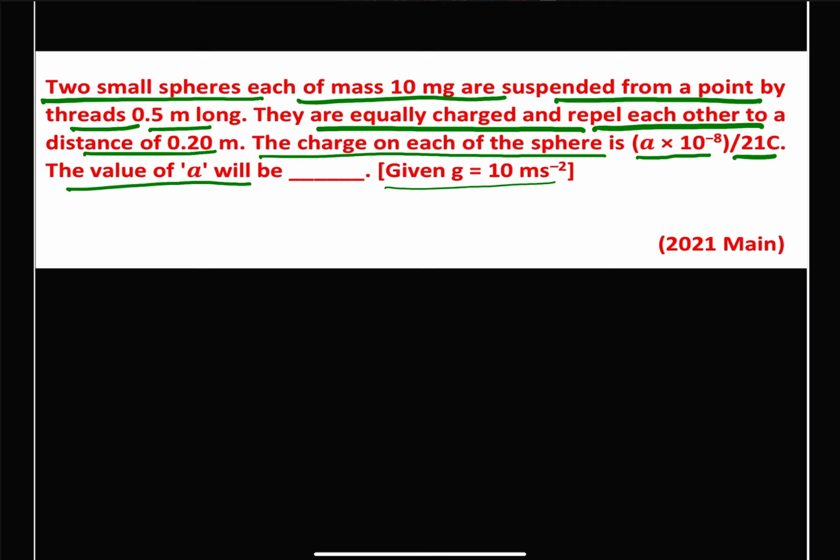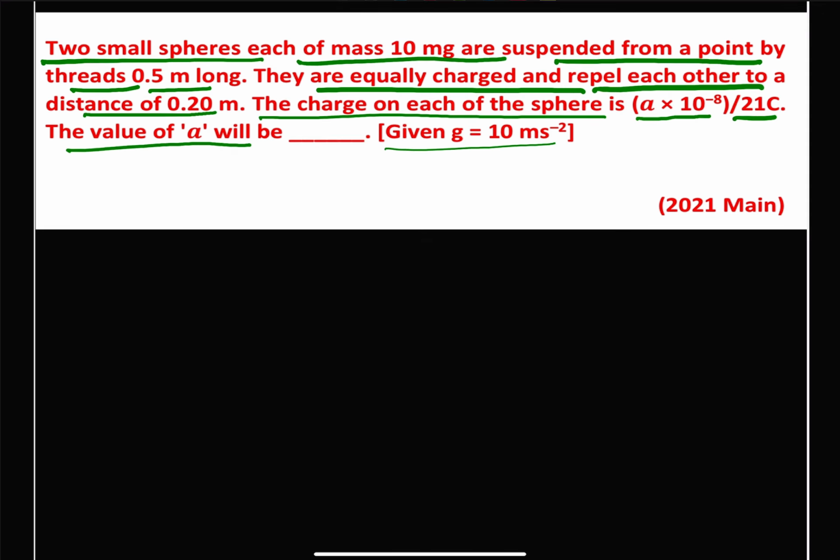So we can just draw an approximate figure for that. Suppose this is the mean position and they are repelling each other because they have the same charge.